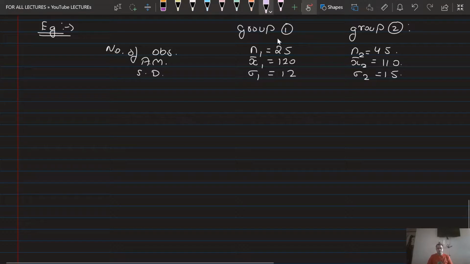So as your step number 1 says, first you have to calculate the combined arithmetic mean.